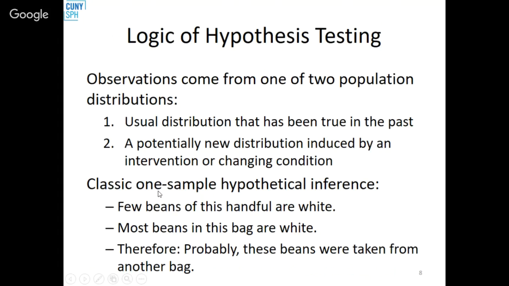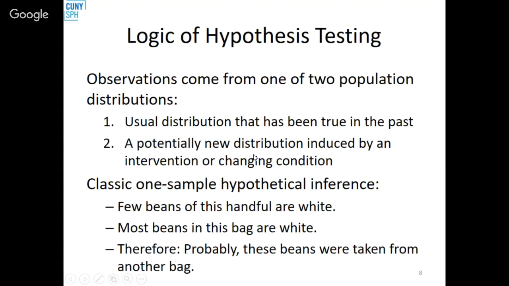And a classic example of this for one sample would be you have a handful of beans and only a few of them are white, and then you have a big bag where most are white, and because your handful that you drew randomly from that bag is so different in its distribution from what's in the bag, you say probably those beans were taken from another bag.